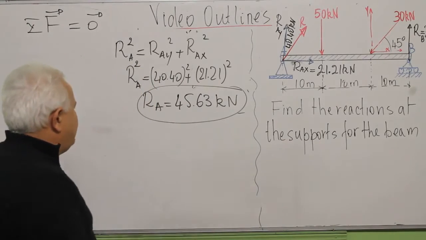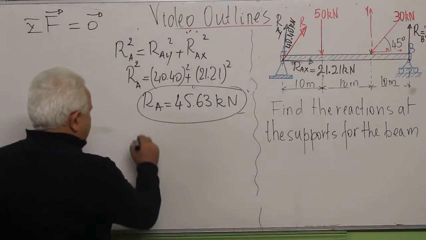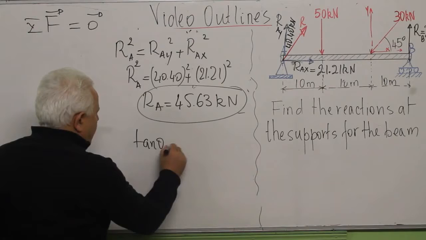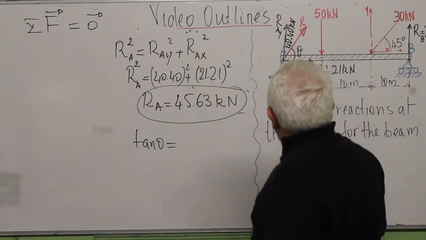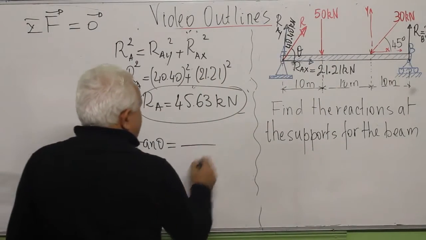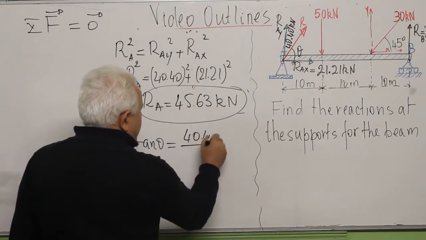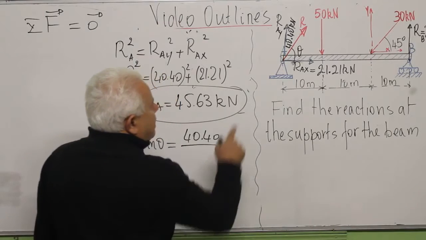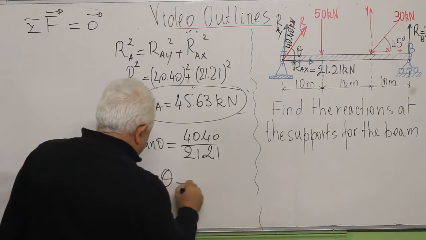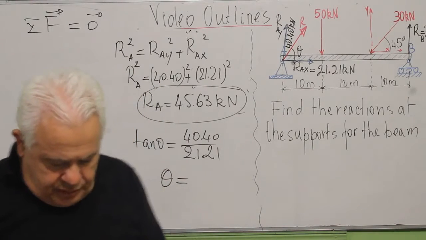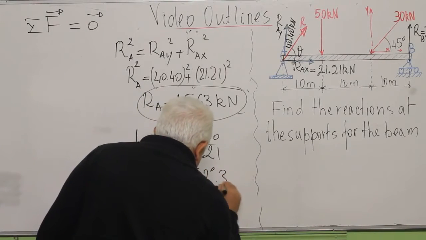What is needed now is just to give the direction of this reaction by writing tan theta, if I choose here theta as this angle, tan equals opposite over adjacent, 40.40 kilonewtons divided by 21, which gives me theta equals 62.3, 62 degrees point 3.